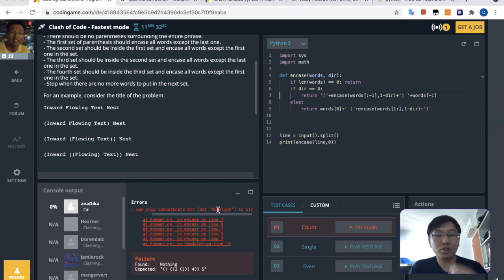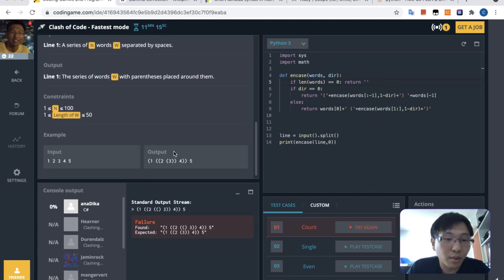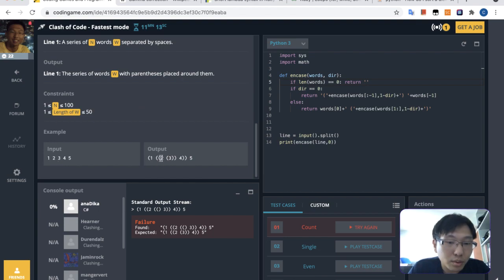Can only concatenate string, not none type to string. Okay, so my words 0. Maybe I need to return a string. Yeah, so it's like 1, 2, 3.